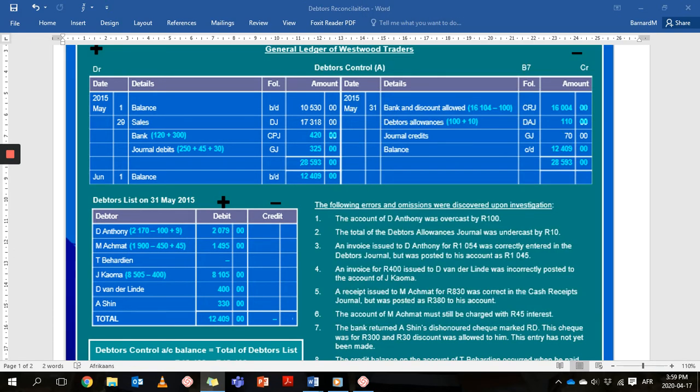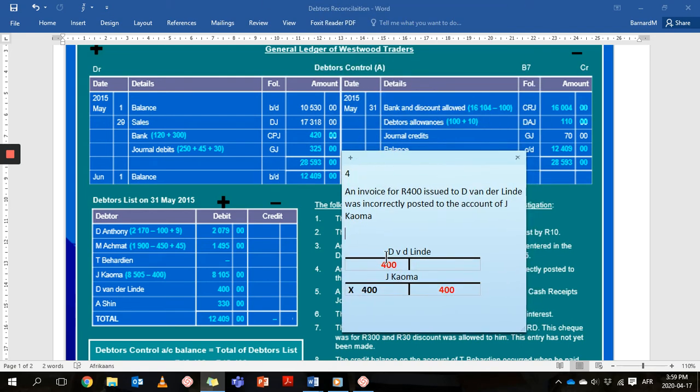That is number 3. Then if I look at number 4, it says an invoice of 400 rand was issued to D. van der Linde, and that was incorrectly posted to the account of J. Kahuma. Now, if you look at his account, it means that it was incorrectly on this side.